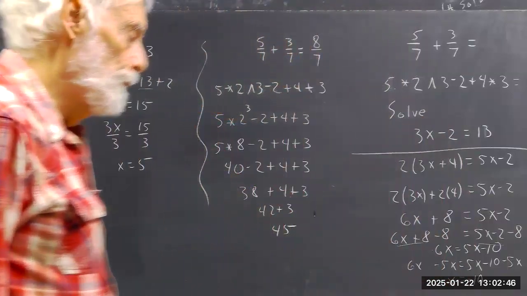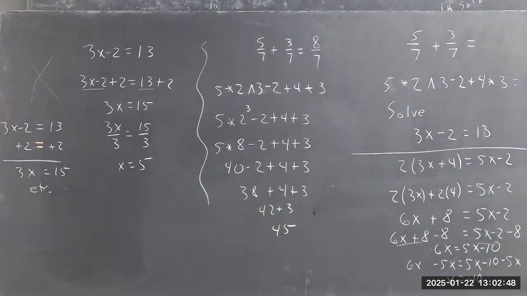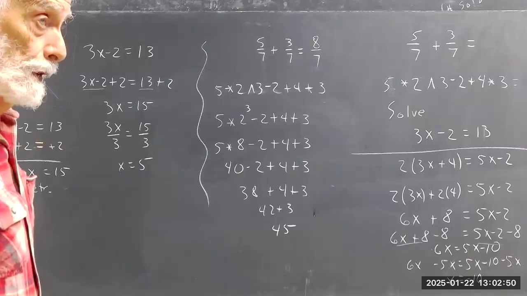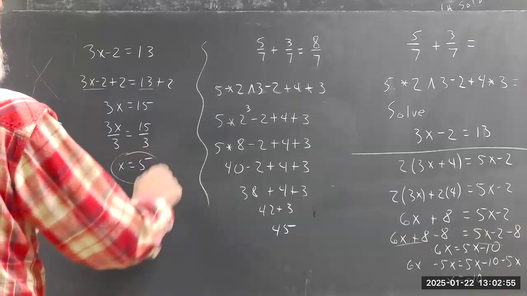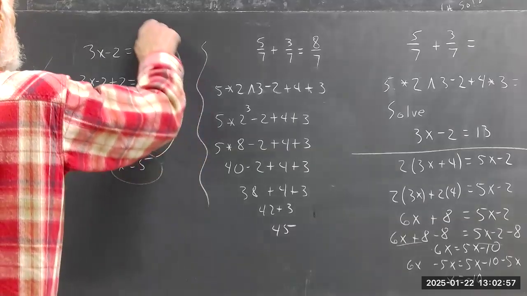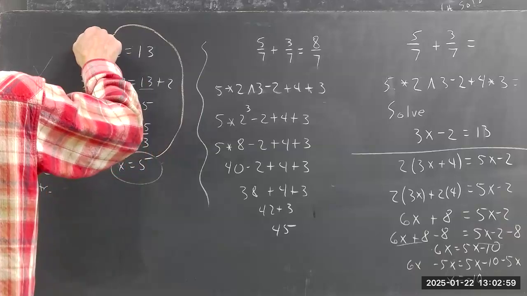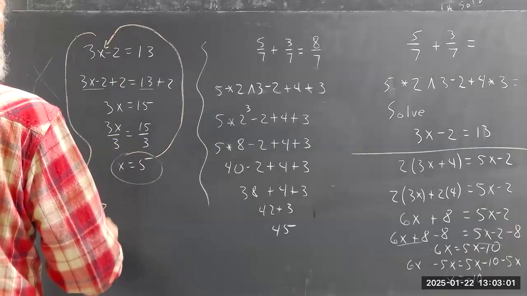Another thing you do with any equation is you check it. So I often do something like this. Here's my solution. I take my solution and plug it in for x.